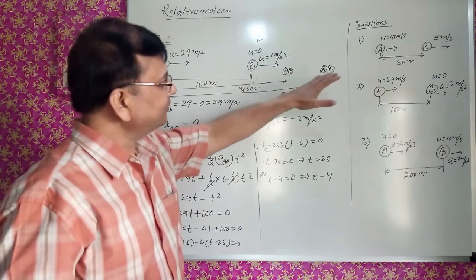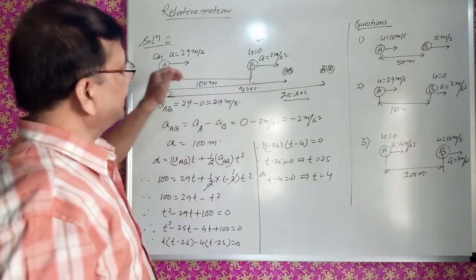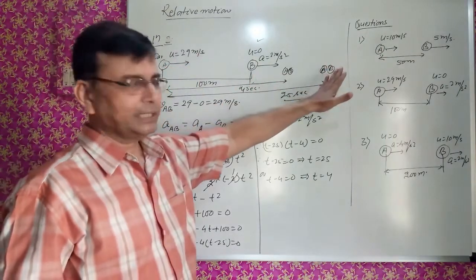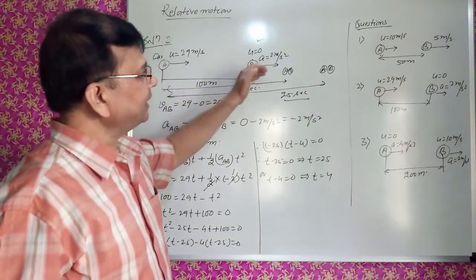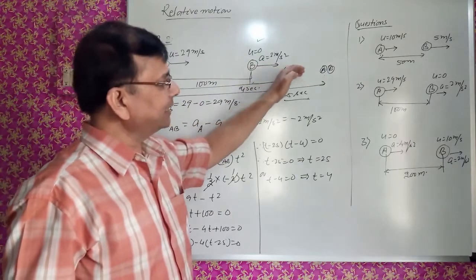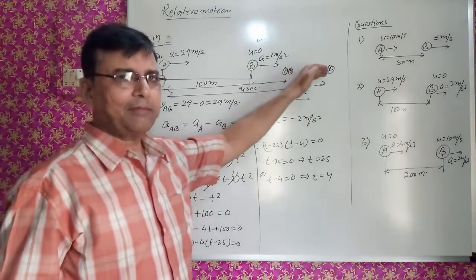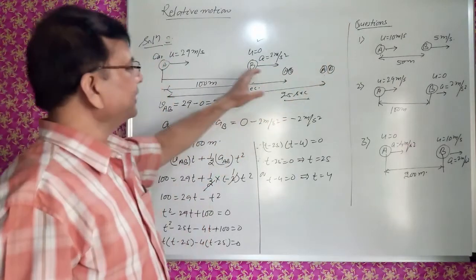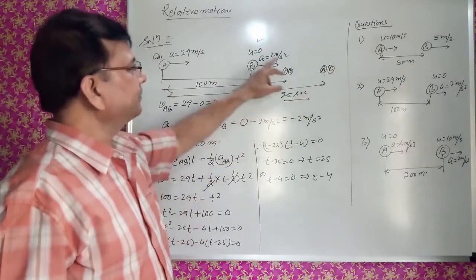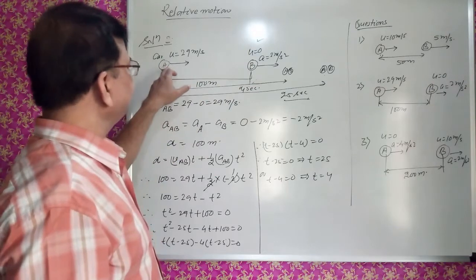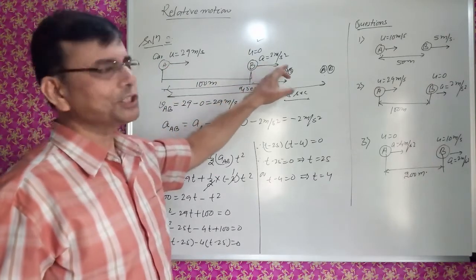Then B will continue, right? Again B will cross A. A is coming, B is also coming. Then A will cross B and A will continue. Then after 25 seconds B will cross A, because A has constant velocity and B is having acceleration.